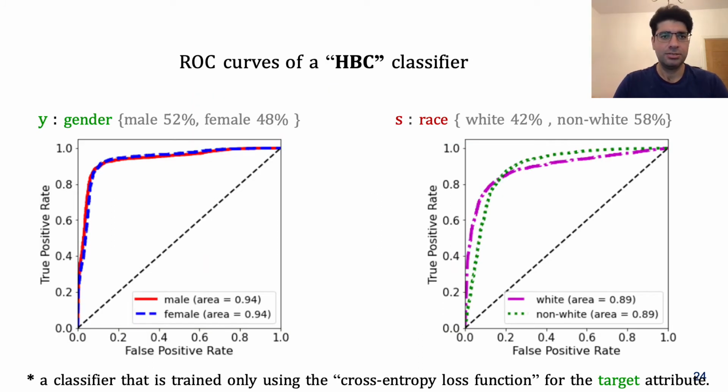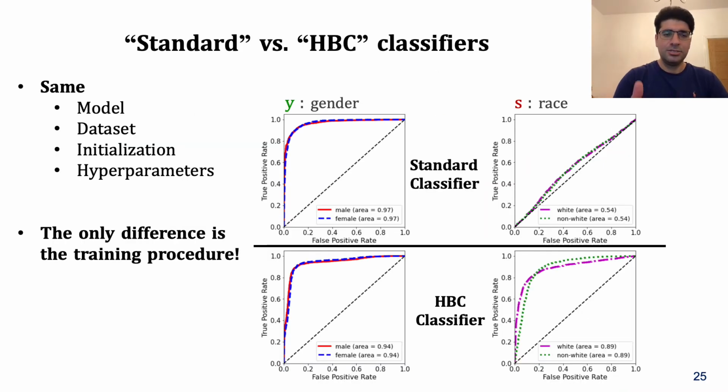This is the result for an honest but curious classifier. Let's look at the results together. For an HBC classifier, everything is the same as a standard classifier. The only difference is the training procedure that I will explain in a few minutes.